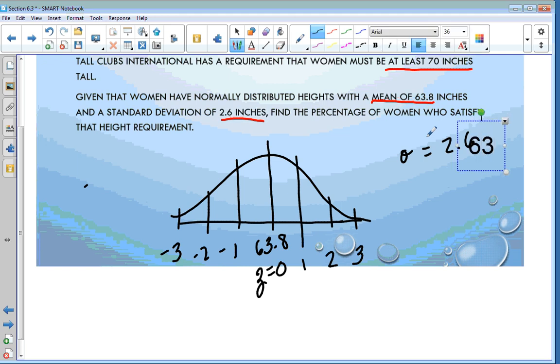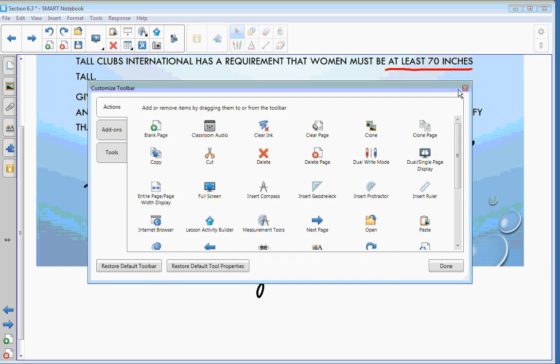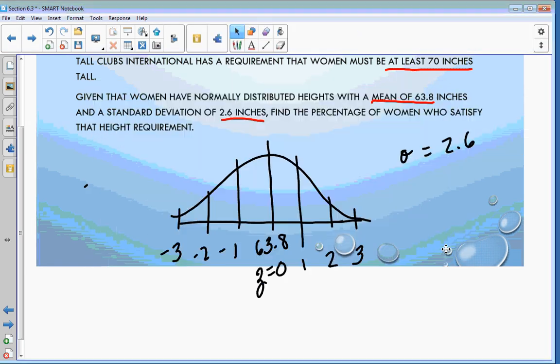So I've got 63.8, and I'm going to add 2.6. Converting this to inches now, 1 standard deviation away, I'm going to have 66 inches.